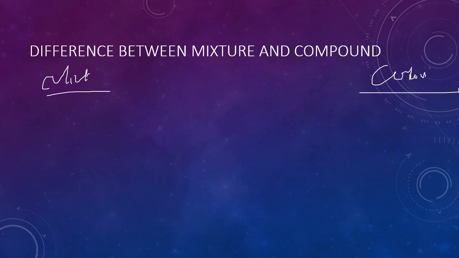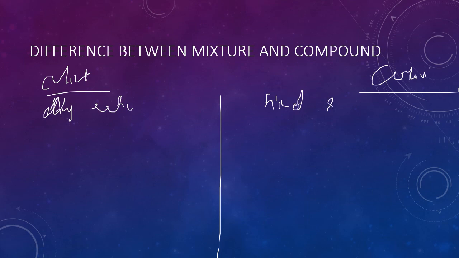So the first difference between them is that the constituents of a mixture may be present in any ratio. You can add any amount of sugar, any amount of salt. So the ratios are different. Any ratio is fine over here. Over here, in compounds, it is a fixed ratio by mass.